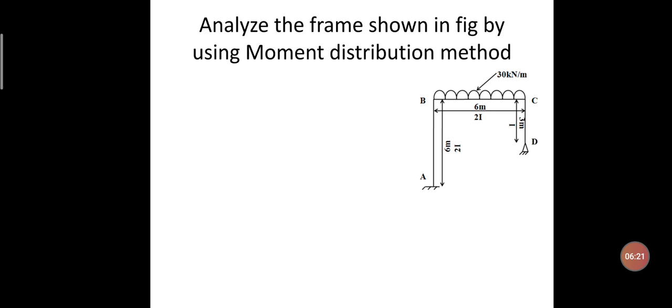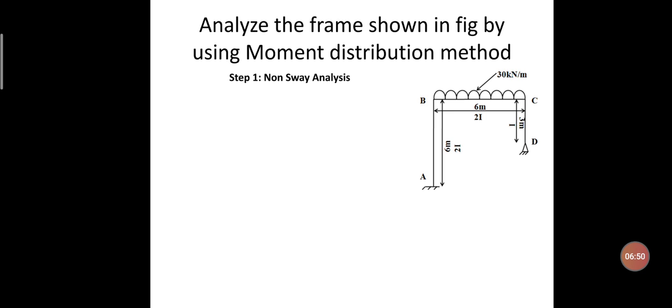The moment of inertia for AB is equal to 2I, and BC is also 2I, and for CD it is equal to I. The span length for AB and BC is 6 meters and that of CD is 3 meters.